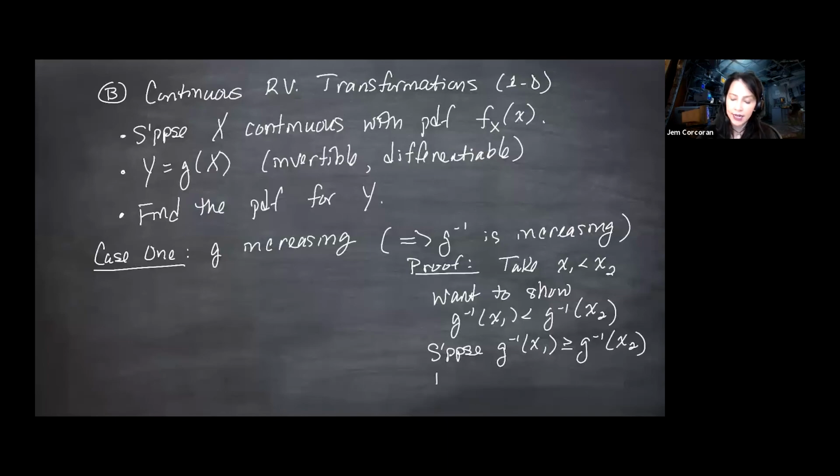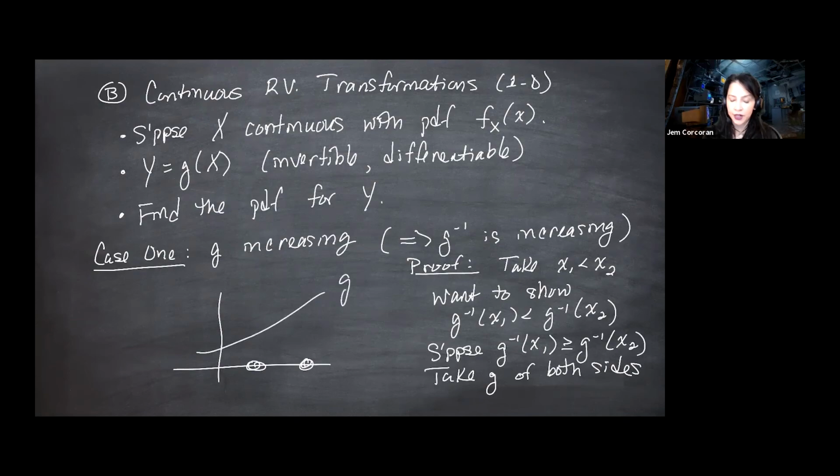I'm going to take g of both sides. Because g is increasing, it is going to keep that order, right? If I have a number bigger than another number and a function g that's increasing, then g of that big number is still bigger than g of the small number.